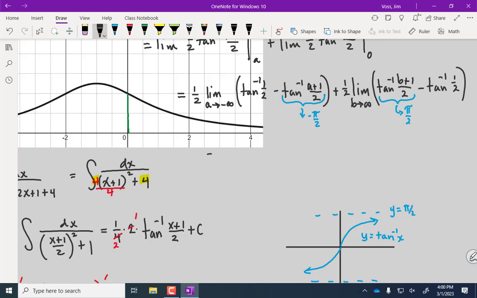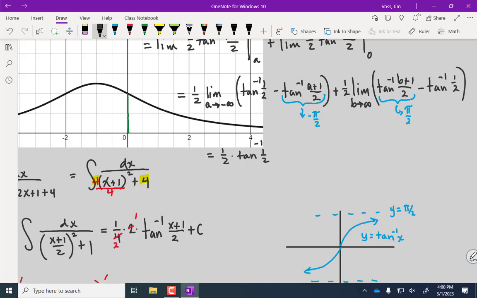What are we left with? So we have 1/2. Arctan of 1/2 is a constant, so we just leave it. And actually, let's just go ahead and distribute this 1/2 here.